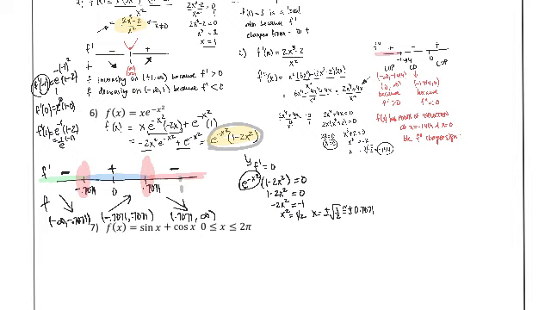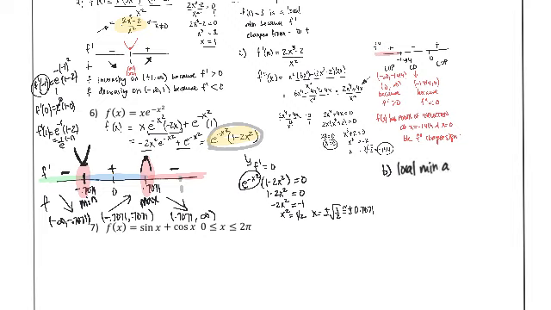And we can say that this point right here has to be a local minimum because f prime went from negative to positive, and this point right here has to be a local maximum because f prime went from positive to negative.